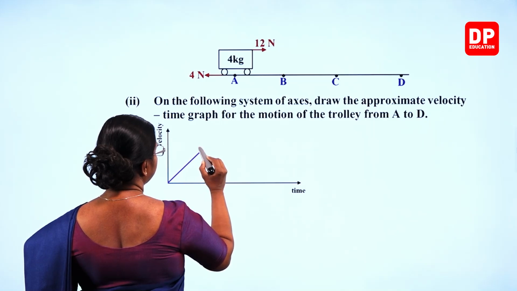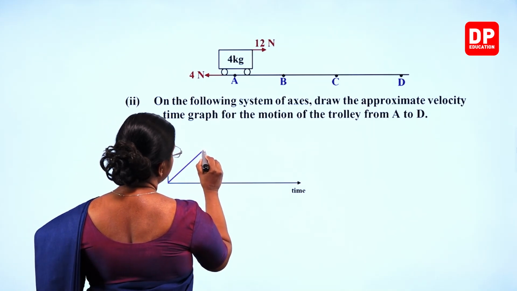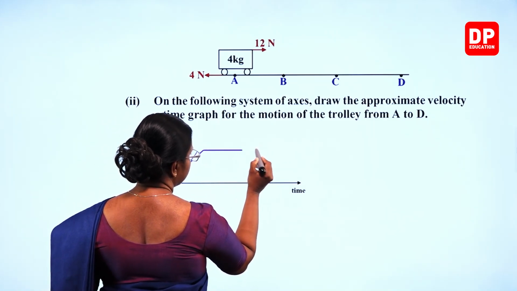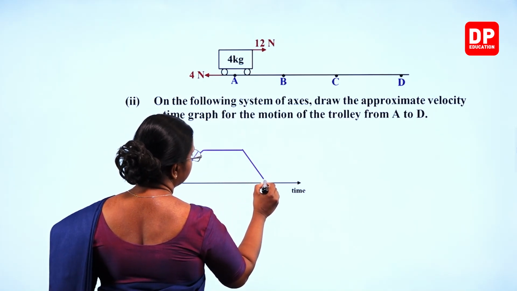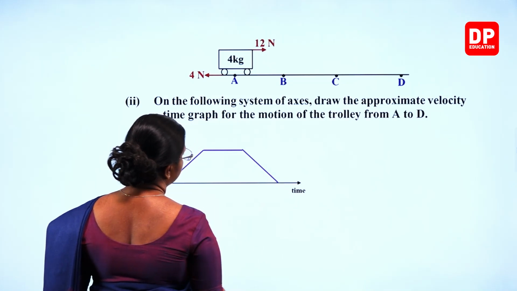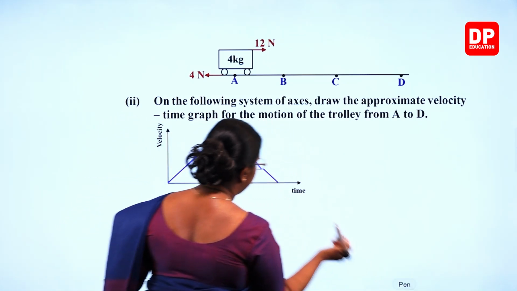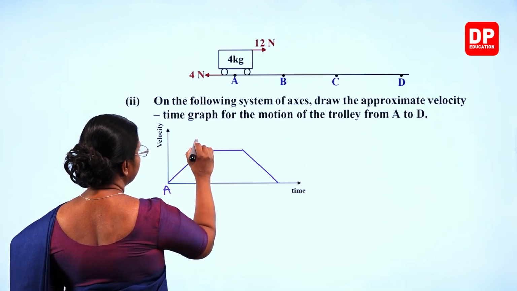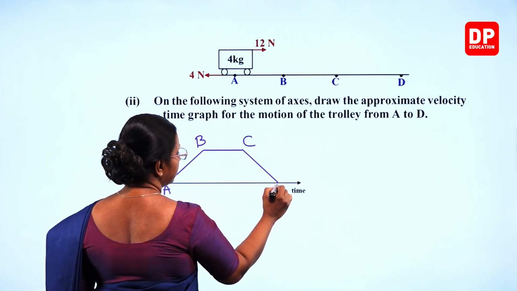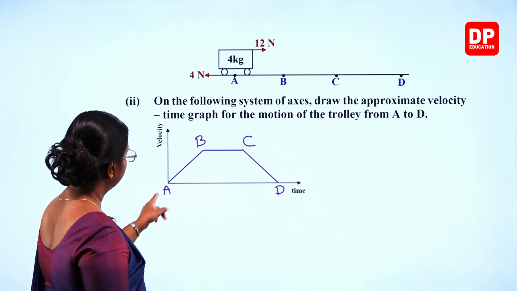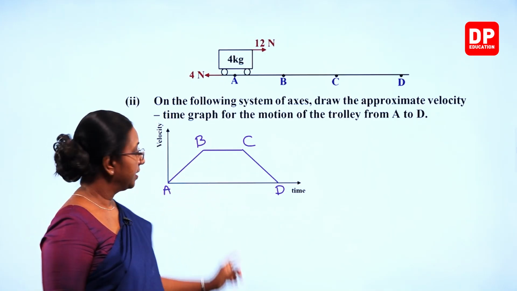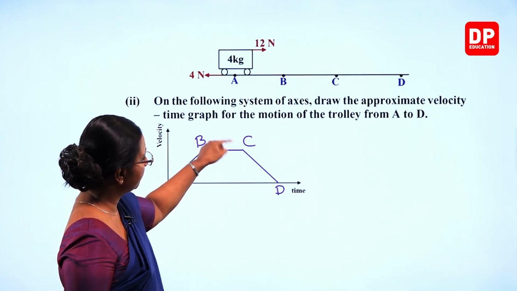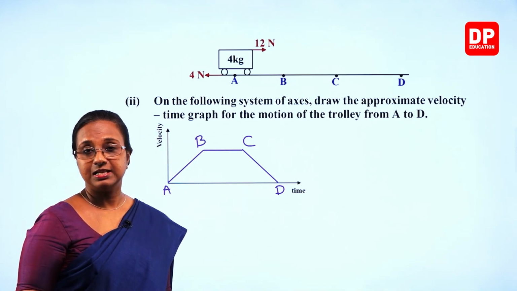Acceleration starting from the point of origin, then uniform velocity, and then deceleration. So you can also mark the points A to B, B to C, C to D. So A to B is that one, B to C, C to D. Acceleration, uniform velocity, and deceleration.